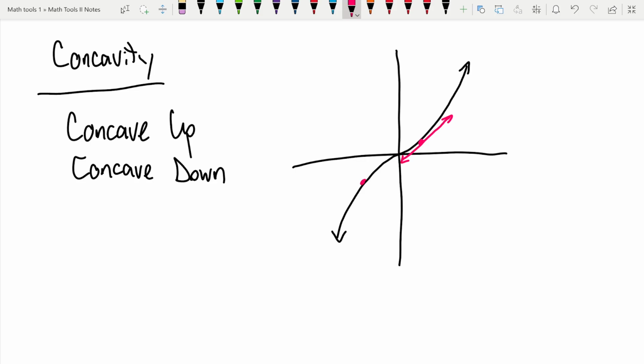And to the left of 0, all of the tangent lines are going to fall above the graph. So when the tangent lines fall above the graph, this is what we call concave down. And when they fall below the graph, that's what we call concave up. Okay.